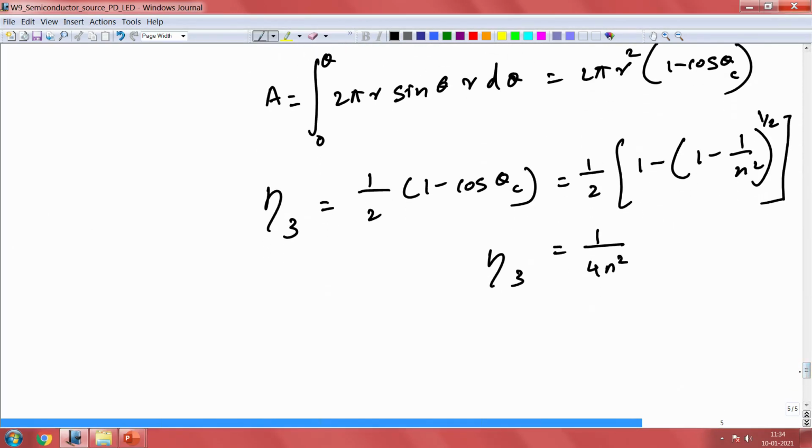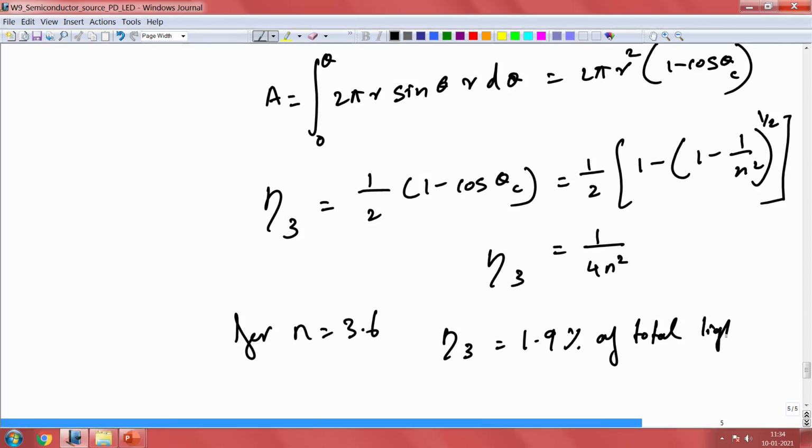So, here again the refractive index plays against you. For example, again for n equal to 3.6, your eta 3 is only 1.9 percent. So, only 1.9 percent of total light will escape.